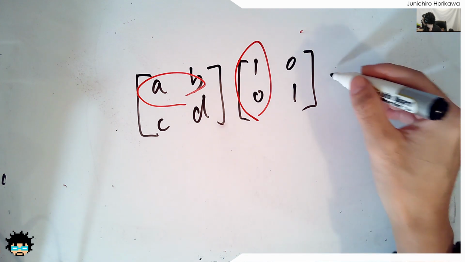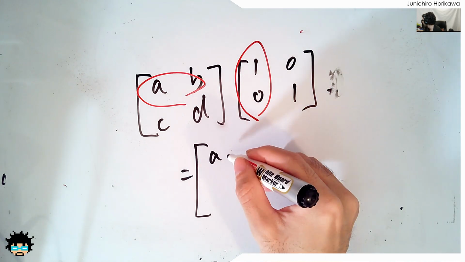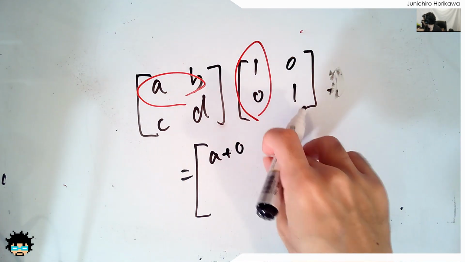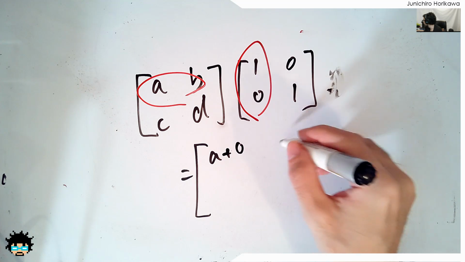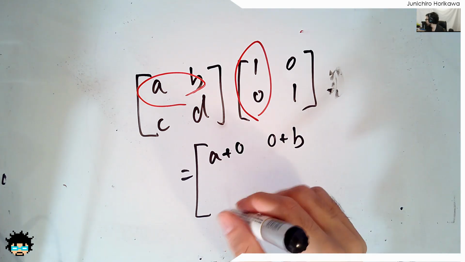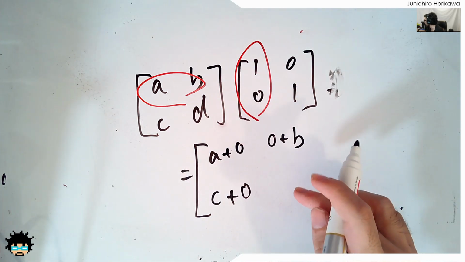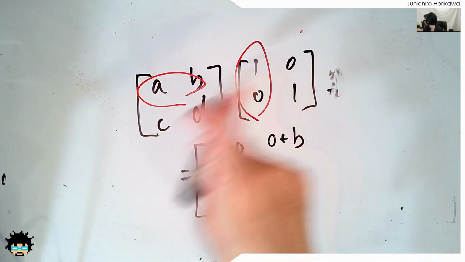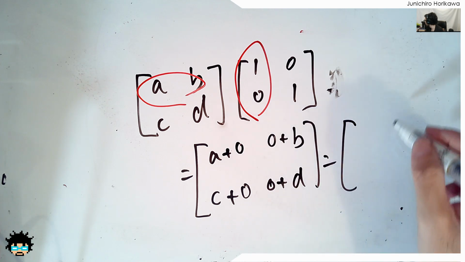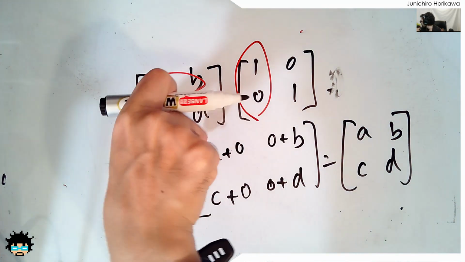So the result is going to be A multiplied by 1 plus B multiplied by 0, so it's A. For the right top corner, it's going to be A multiplied by 0 plus B multiplied by 1, so B. For the left bottom corner, it's going to be C multiplied by 1 plus D multiplied by 0, so C. And for the right bottom corner, it's going to be C multiplied by 0 plus D multiplied by 1, so D. So if you make it clear, it's A, B, C, D, the same values as the original matrix.